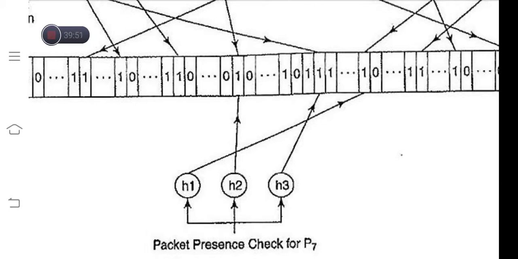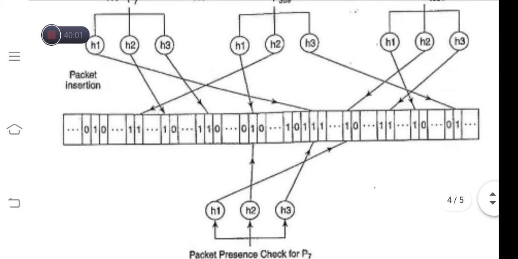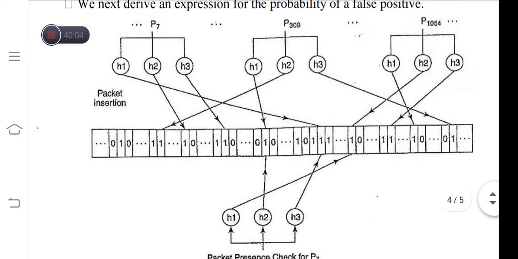These bits, as we see in the diagram, have been set respectively with respect to the packet number 309 also, and 1054 also.